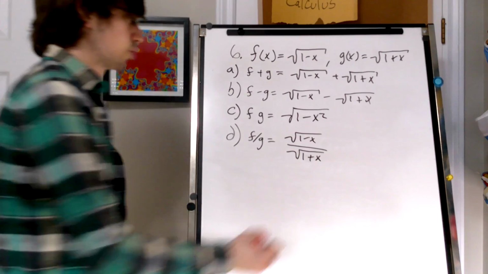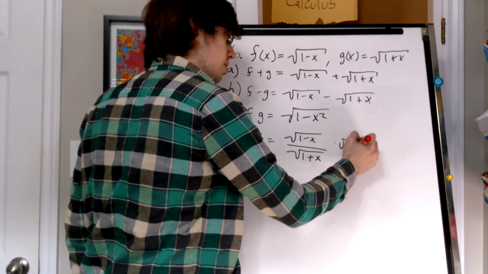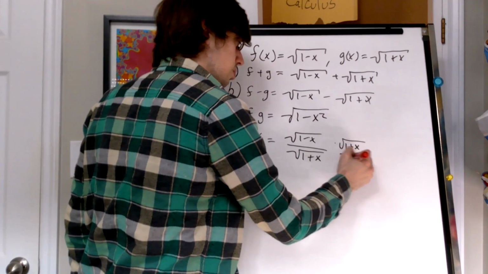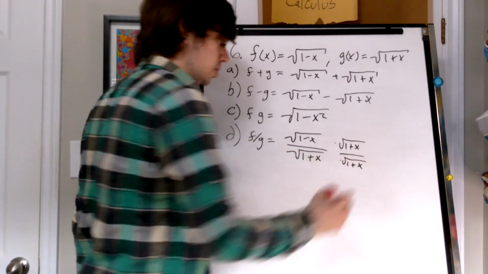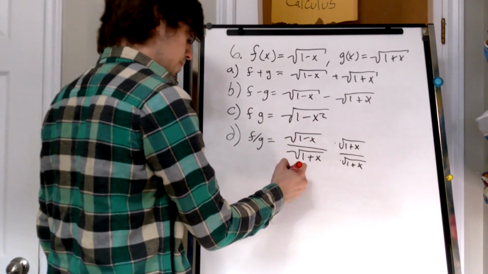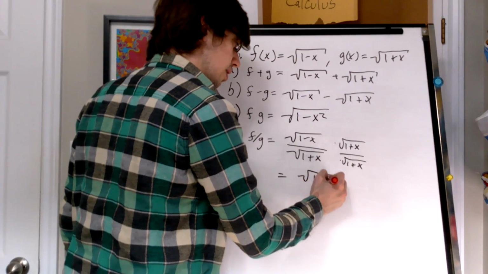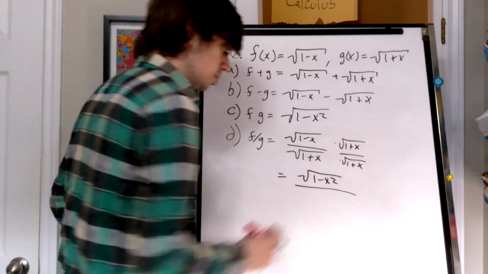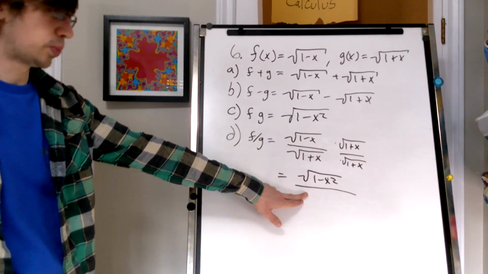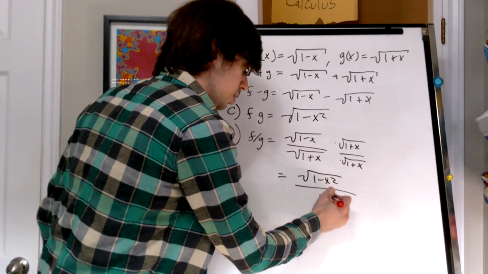We boot the root by multiplying both sides by that denominator. So we just did what was on the top here, and we found that that's the square root of 1 minus x squared. And the bottom is 1 plus x.